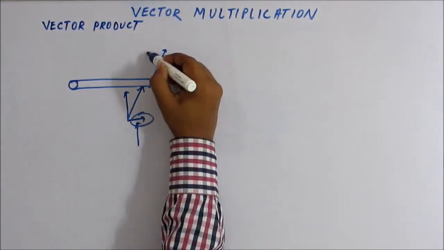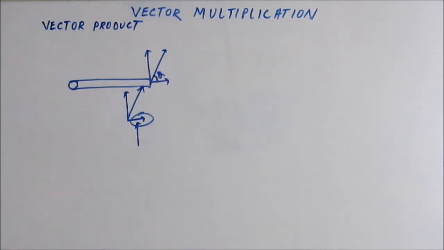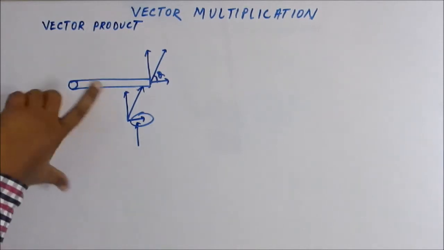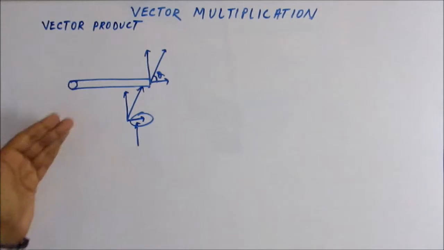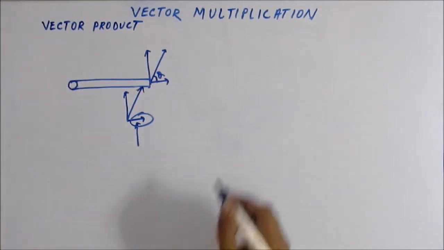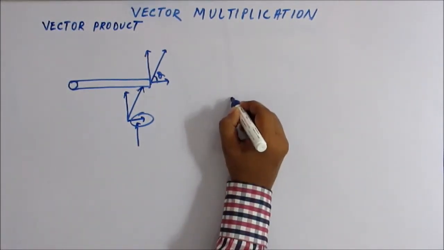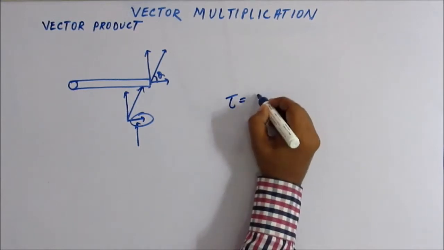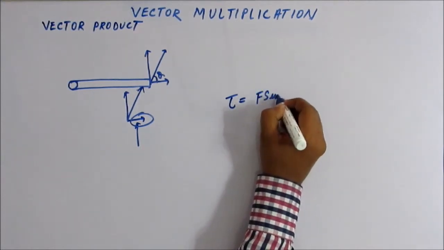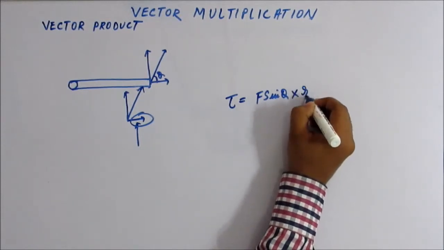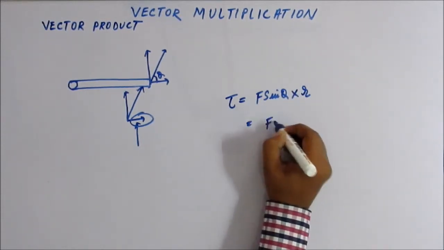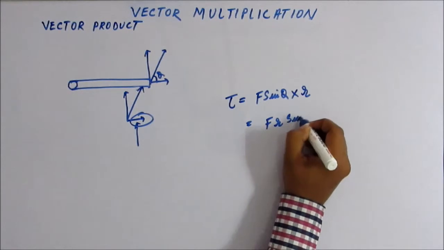We are interested in F sine theta because F cos theta is not helping. It is only the component F sine theta which is helping in bringing about rotational motion in the rod. So F sine theta is what I require. I don't require F cos theta. So now when you calculate torque, we just take into account F sine theta and the distance R. So what we have is Fr sine theta.